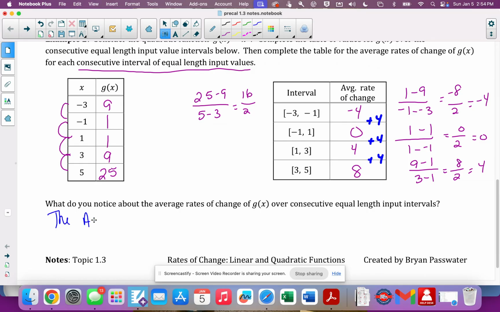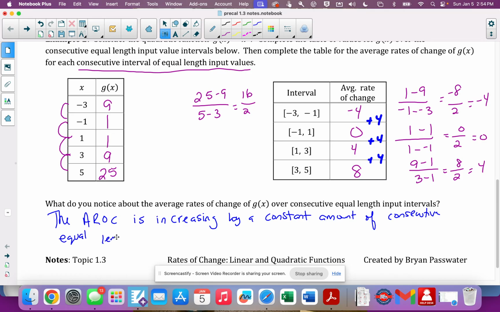The average rate of change is increasing by a constant amount over consecutive equal length input intervals. That actually guarantees that this function is quadratic. That's what you would actually look for.